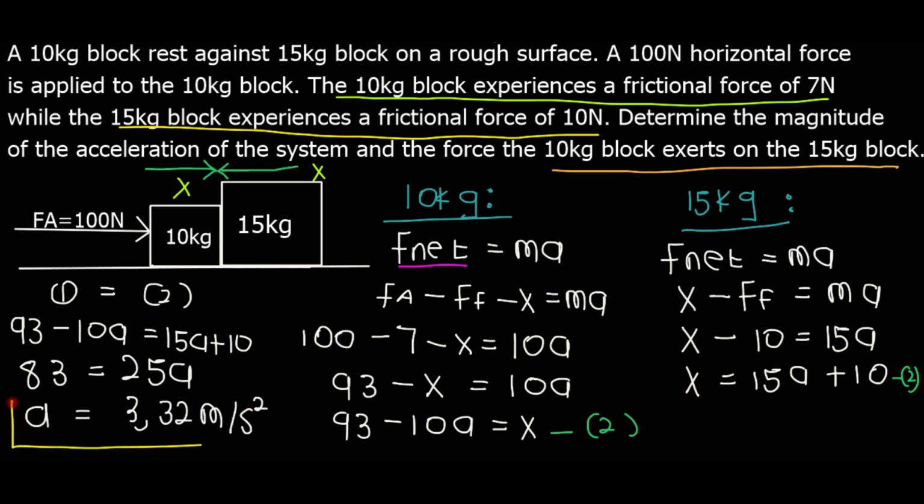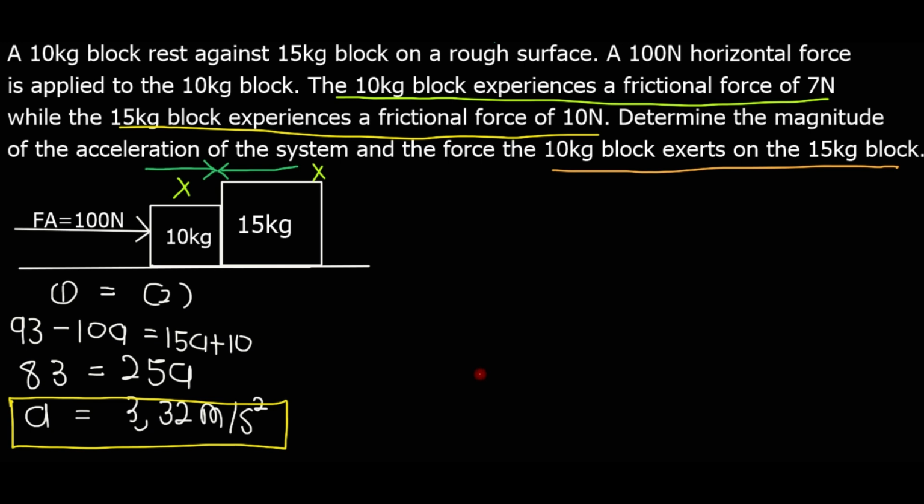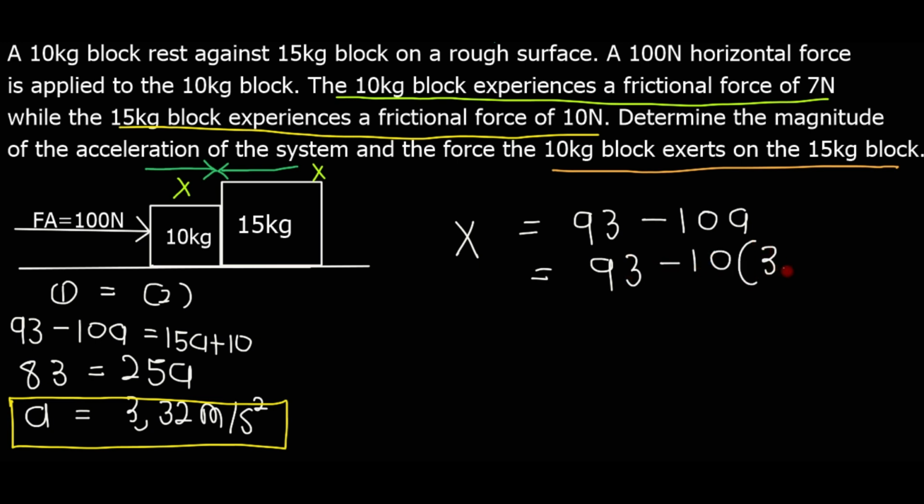So this is the acceleration, and now we want to find out this force here between the 10 kg and the 15 kg. So now we substitute anywhere. We substitute here: x equals 93 minus 10a, so 93 minus 10 times the acceleration, which we found to be 3.32.